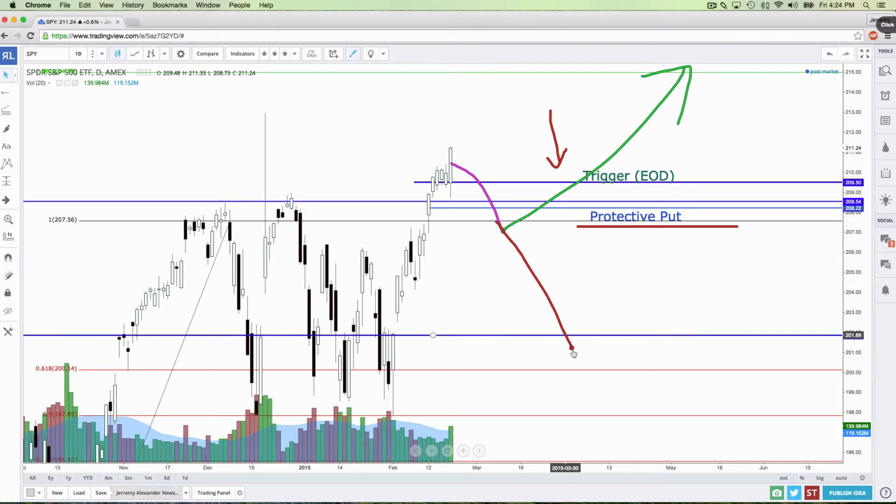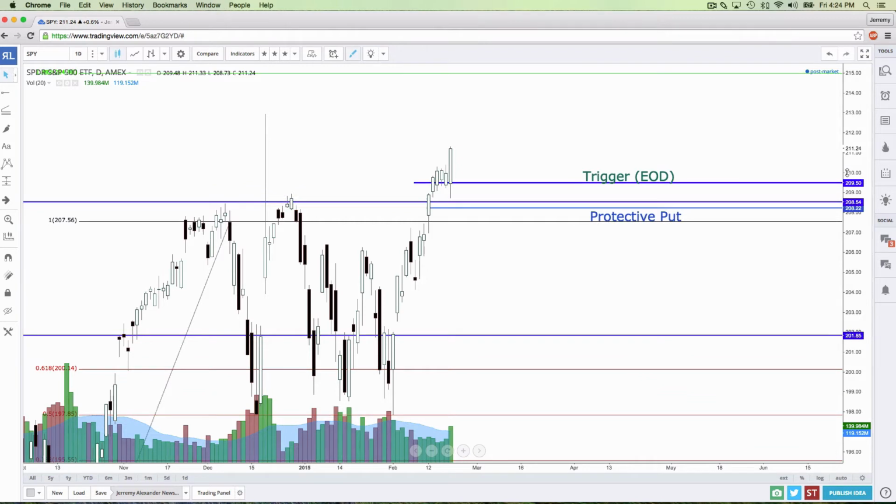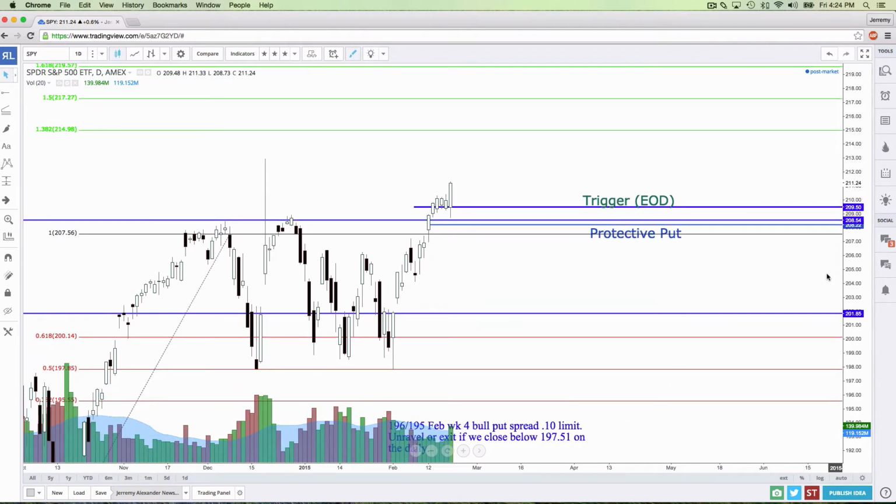Now, if this does happen, good for you. You bought insurance and you're protected against a loss. And that's what you want to do in trading: mitigate your losses as much as possible. So in this particular situation on SPY, I have a put at 208.22.